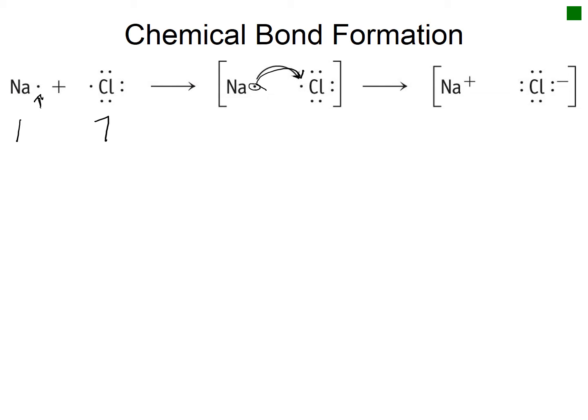In doing so, you form an Na+ ion, so a +1 charge, and your chloride ion with a -1 charge. And when they bond, your Na will get close to the Cl, and they'll form this ionic bond between them.